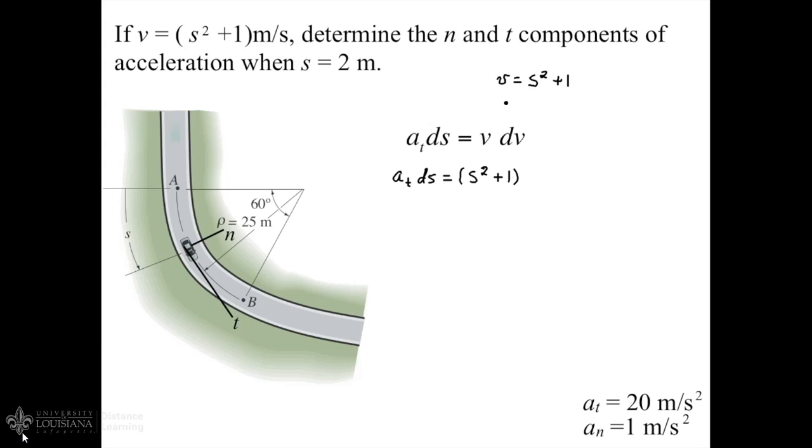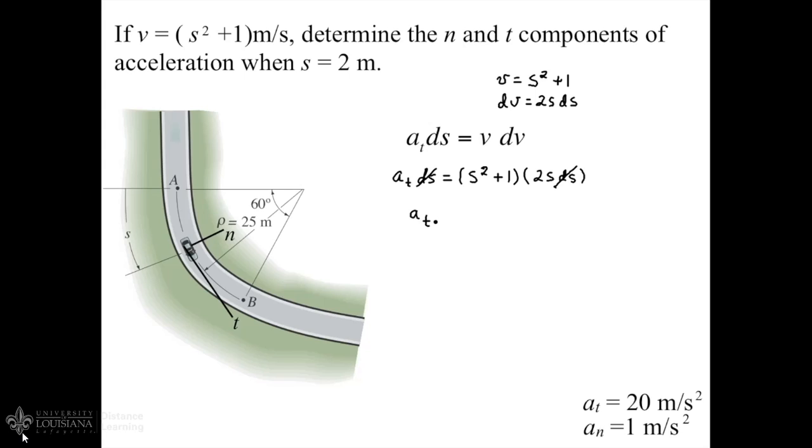I simply have dv equaling 2s ds. Of course, there's nothing from the constant, so I'll put it in. a sub t ds equals v times 2s ds. Here the ds will cancel on each side of the equation, and I can get a sub t.